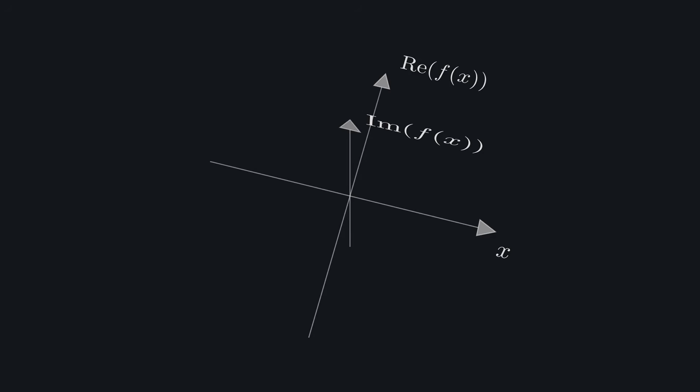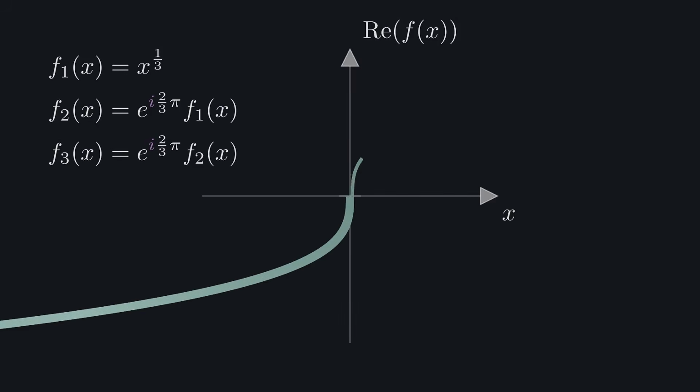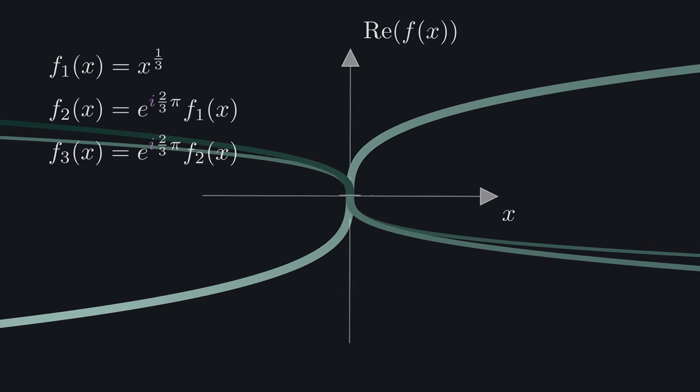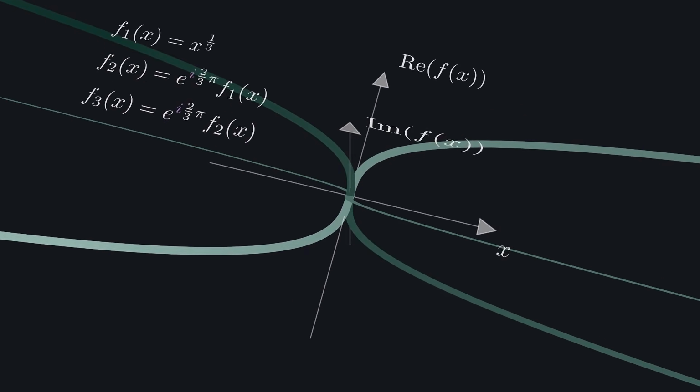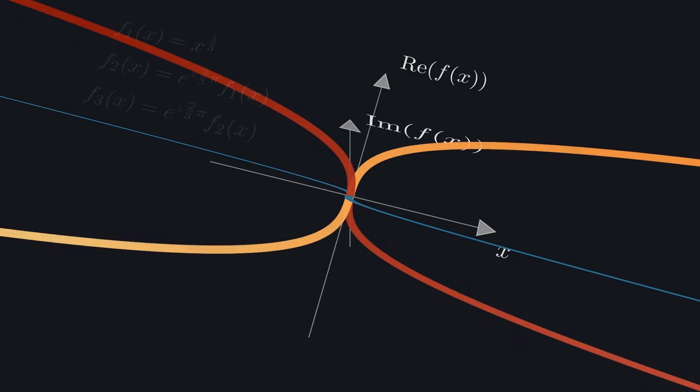We can get away with using 3 dimensions here because we're only considering real valued inputs for x, so it's a mapping of 1 dimension to 2. And now we draw our 3 graphs again. This is what they look like in the space we've created. We can look at the whole resulting shape as 3 cubic curves.